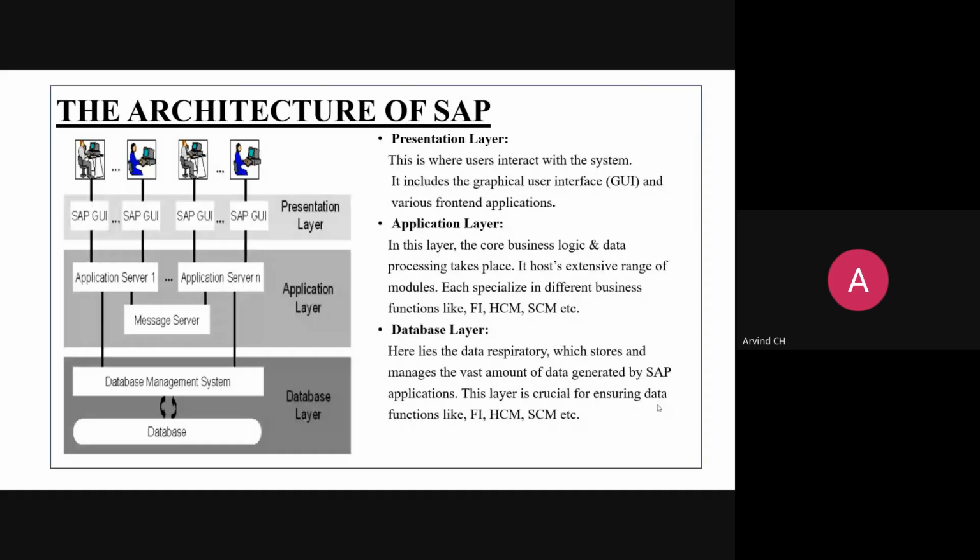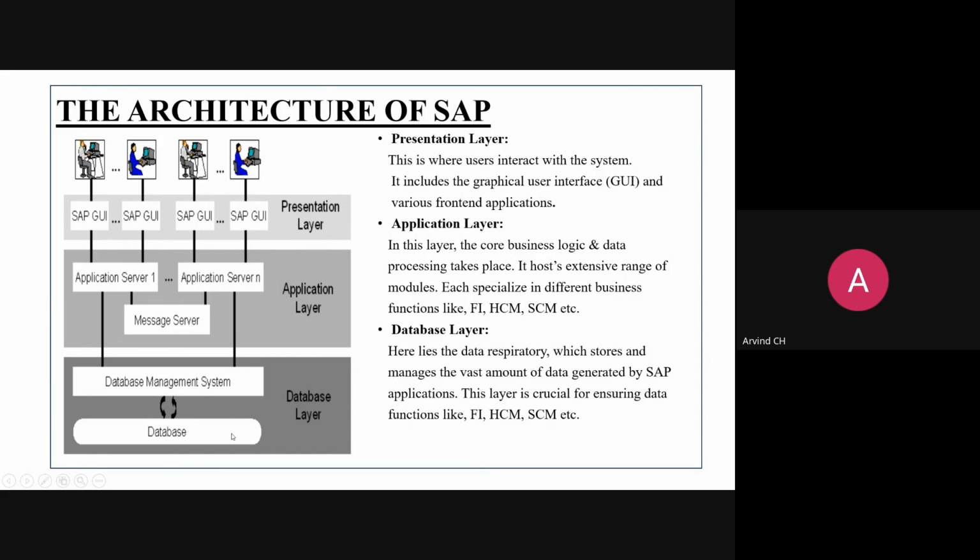The application layer will communicate to the presentation layer, and also to the database. The database is a storing device, like the hard disk in your computer or laptop. It stores the data.